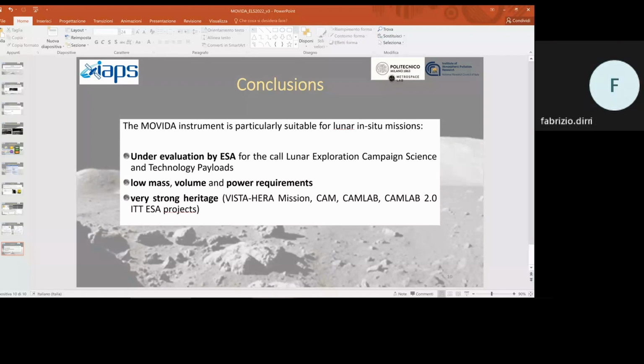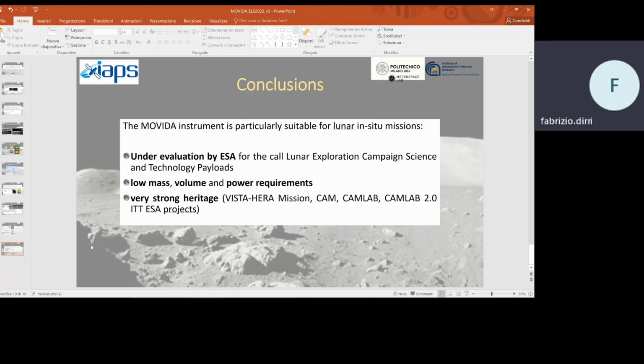So you would foresee that you would put this instrument on multiple missions to different parts of the moon to then collect information from different locations? Yeah, it is possible to put the instruments depending on the goals of the mission, for example, close to other sensitive instruments or close to an area of interest.